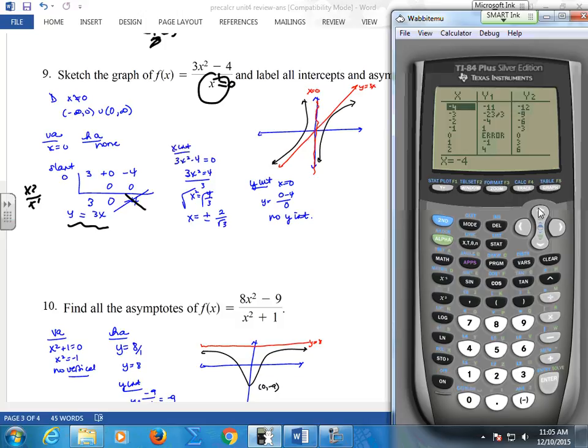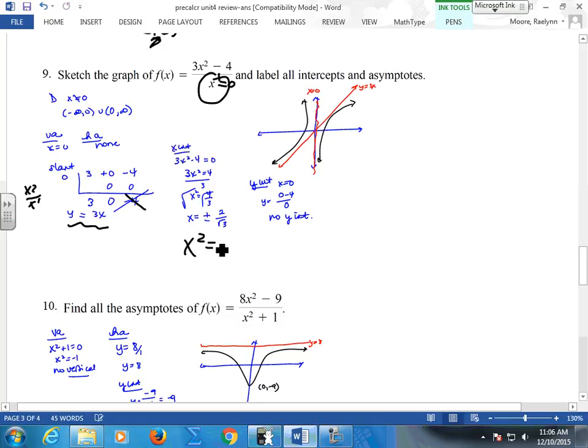set that to 0, divide by 3, take your square root. In pre-calc, guys, you don't have to rationalize your denominator, but you still have to reduce everything. This becomes plus or minus, and separate this. 2 over radical 3.